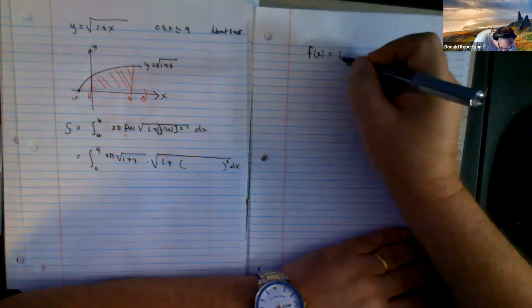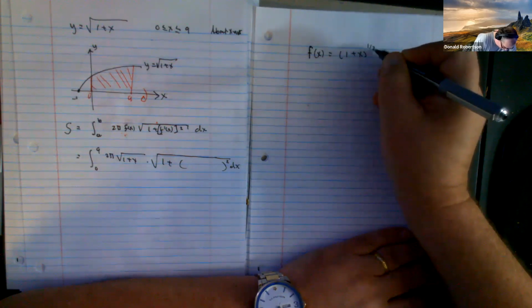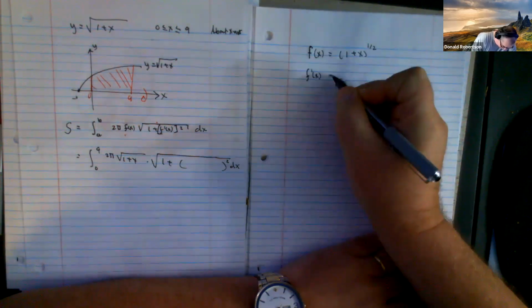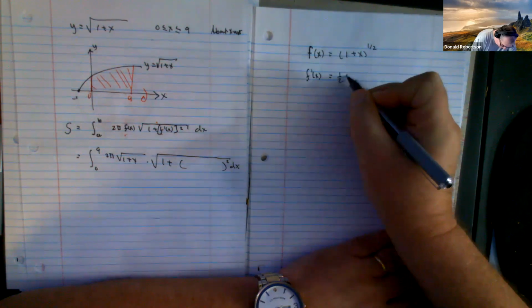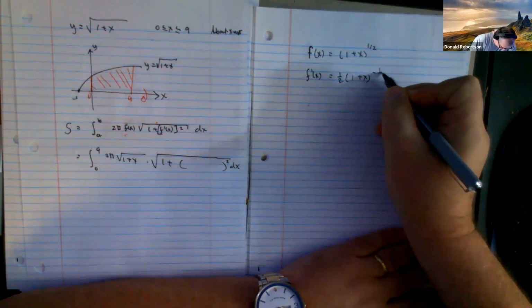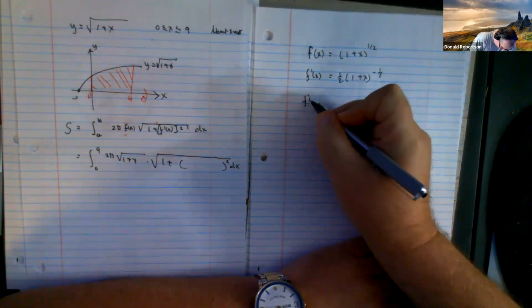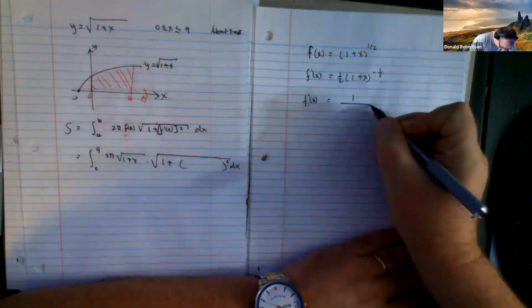I'm going to write the square root as a half power. So to differentiate it, it's going to be 1/2, 1 plus x to the power of minus a half, technically times 1, but I won't bother writing that. So the derivative, if you make it look pretty, looks like that.